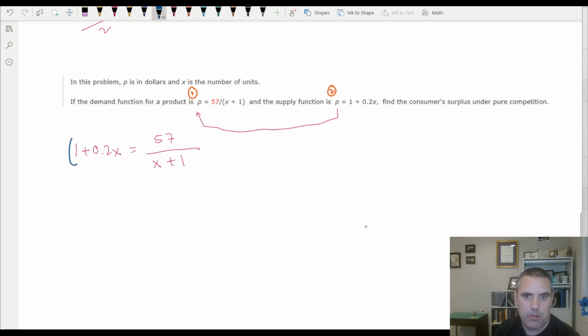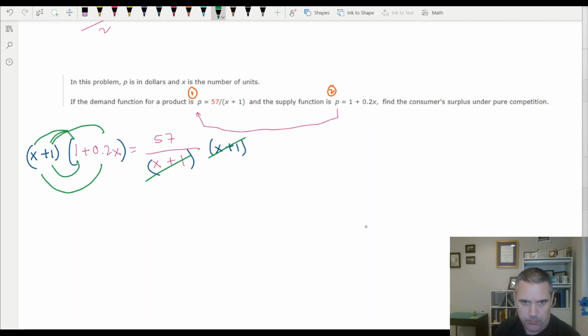So if I was solving this equation, my advice is to multiply both sides by x plus 1 to clear the denominator. What I mean by that is that makes this 1. Unfortunately, it makes the other side a little messier, so we got to do some monkey business here. So let's see what we get.